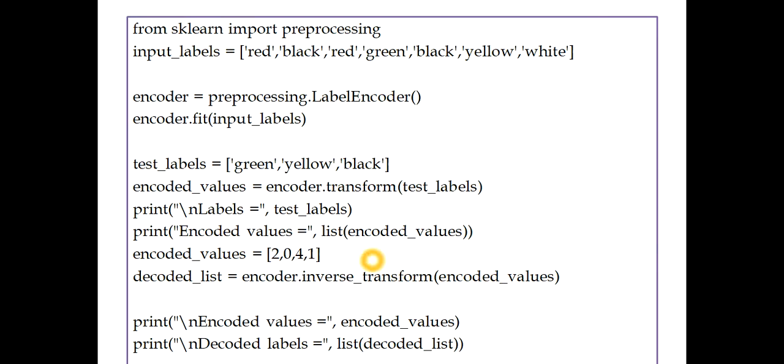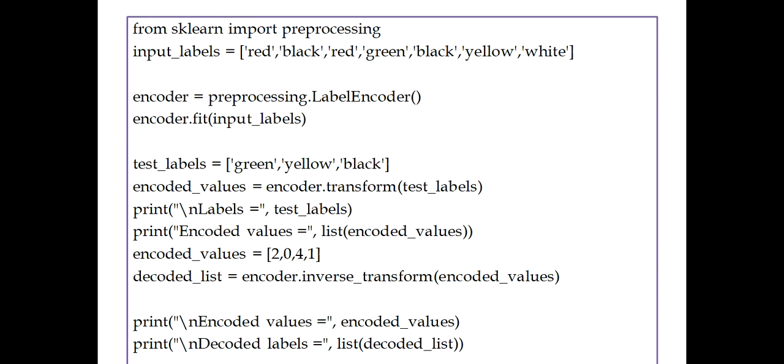Let's see what it will decode. First print the encoded values, which I have already printed. Now let's print the decoded labels: print decoded labels, list(decoded_list). Clear? Now you can go through each line or statement of the code.